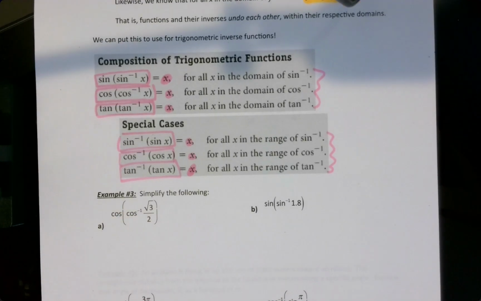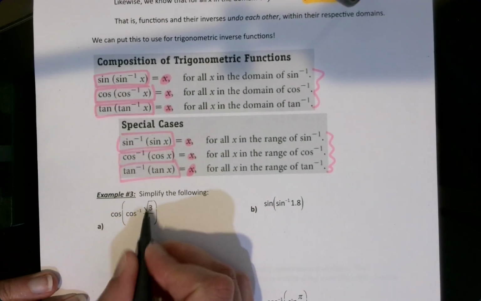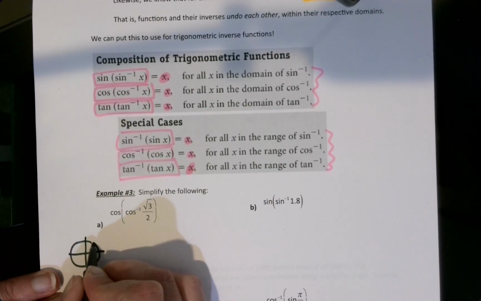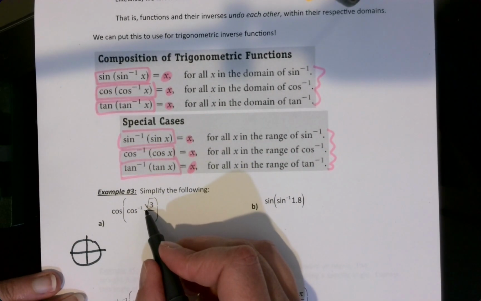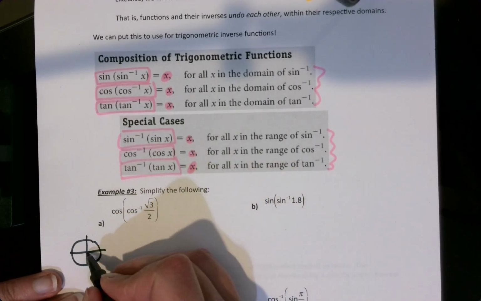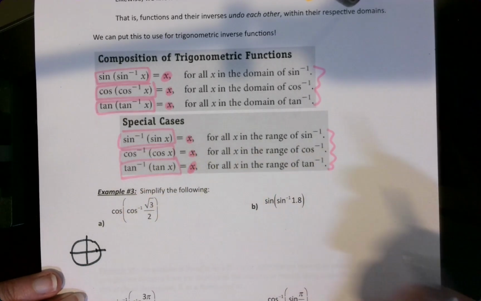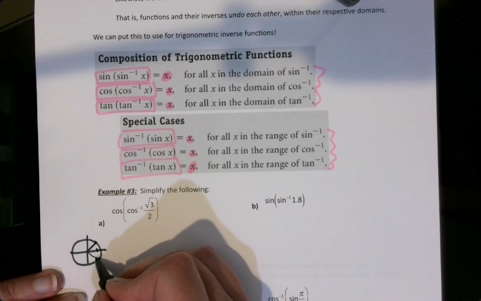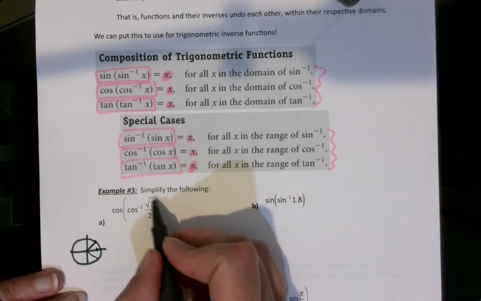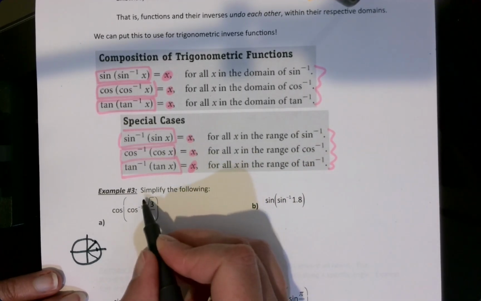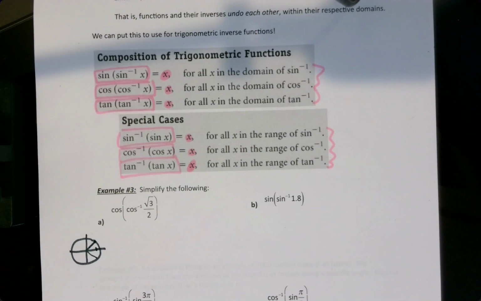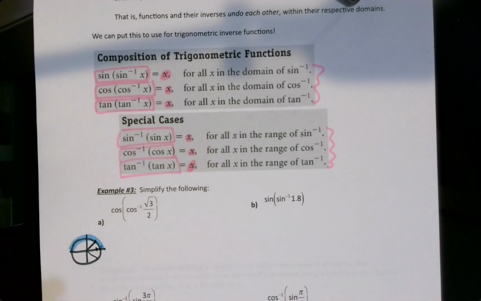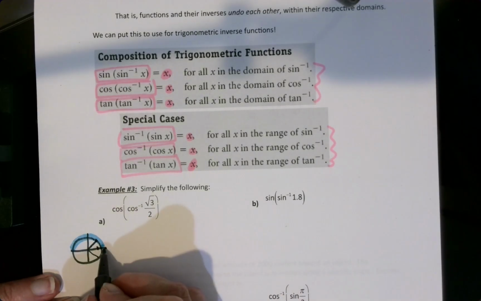So in this first one, we need to take the cosine of the arc cosine of square root of 3 over 2. So drawing out where this would be. When cosine is equal to the square root of 3 over 2, that is going to be here when that's the x value. And in general, that occurs at either one of these angles. The arc cosine of the square root of 3 over 2 has to happen only in the top, right? Because arc cosine is going to return an angle that is between 0 and pi.